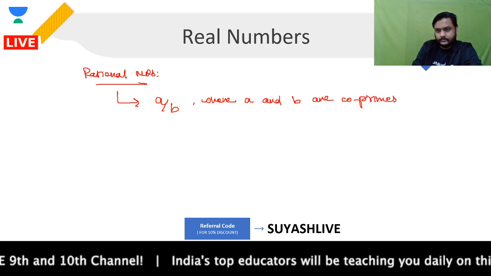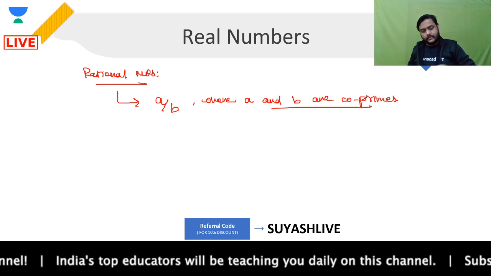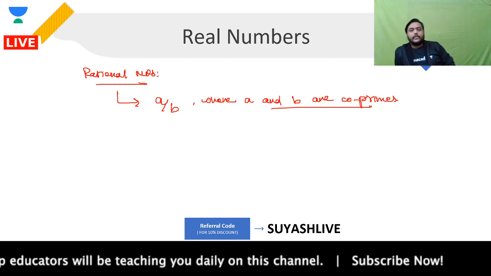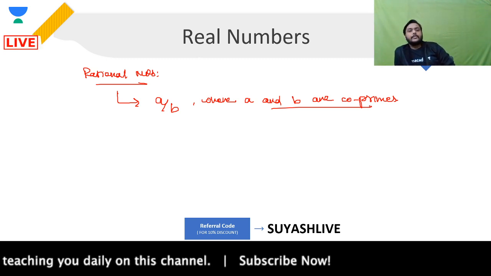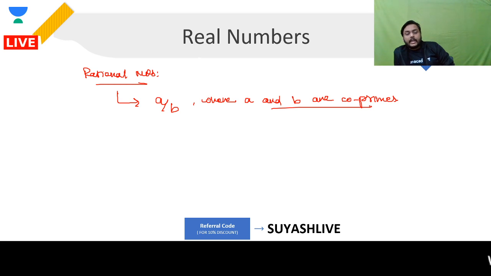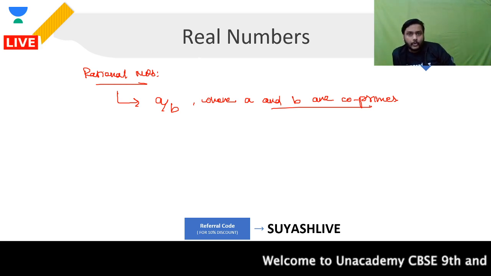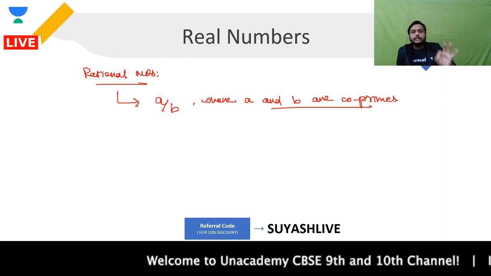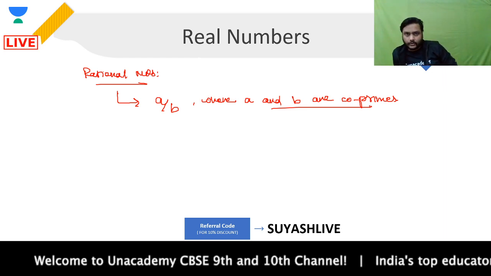Yes or no? So basically, every rational number will be of the form a upon b, where a and b are the co-prime numbers. Matlab, a and b are those numbers which do not have any common factor for them, right?